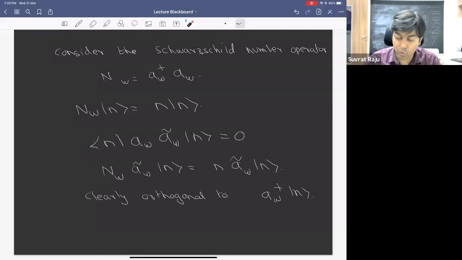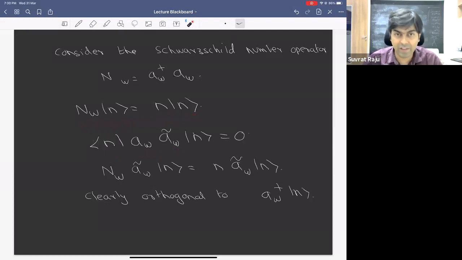So these Schwarzschild number eigenstates do not have the right correlators that we expect between A omega and A omega tilde. In particular, these states which are eigenstates of the Schwarzschild number operator cannot be the right states to have a smooth horizon or an empty interior.